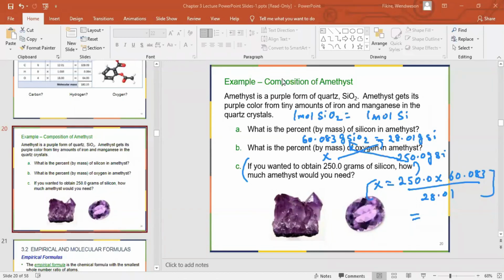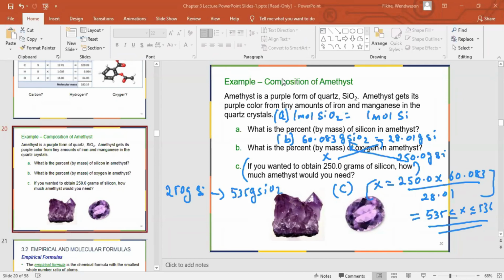Okay. So take the steps here: this is step A, this is step B, and this is the final step, step C. We pretty much get anywhere between 535 and 536, depending on what numbers you pick. But it should be that from 250 grams of silicon, you must have 535 grams of silicon dioxide.